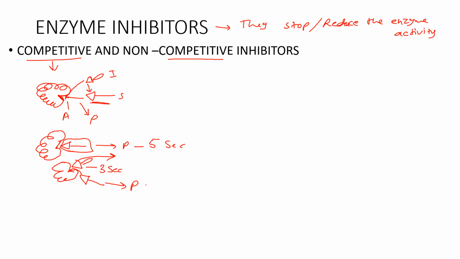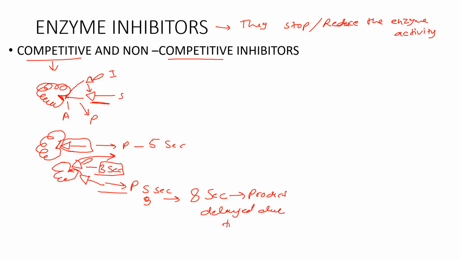So the substrate takes 5 seconds to produce the product, and 3 seconds are taken or delayed by the inhibitor. The substrate takes 8 seconds to produce the product, so the enzyme activity got delayed due to the inhibitor.